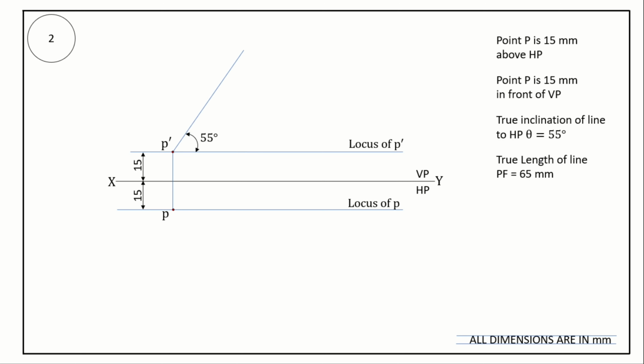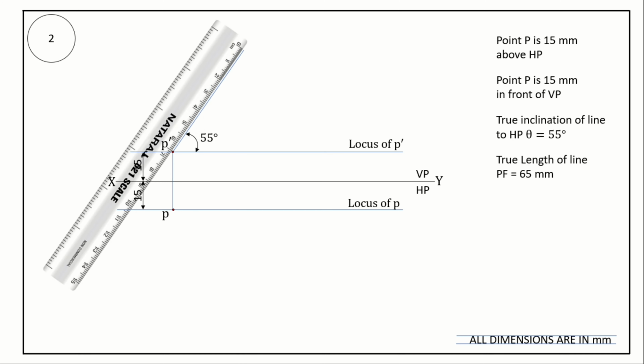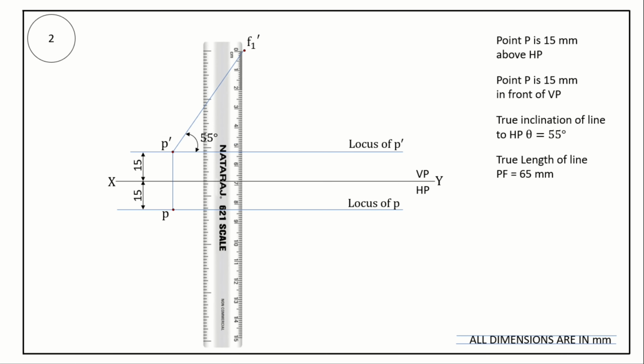It is given the true length of line PF is equal to 65 millimeter. Take a scale, measure 65 millimeter from the point P dash, and mark the point as F1 dash. Here, the distance between P dash and F1 dash is 65 millimeter. Again, from the point F1 dash, draw a line perpendicular to XY.